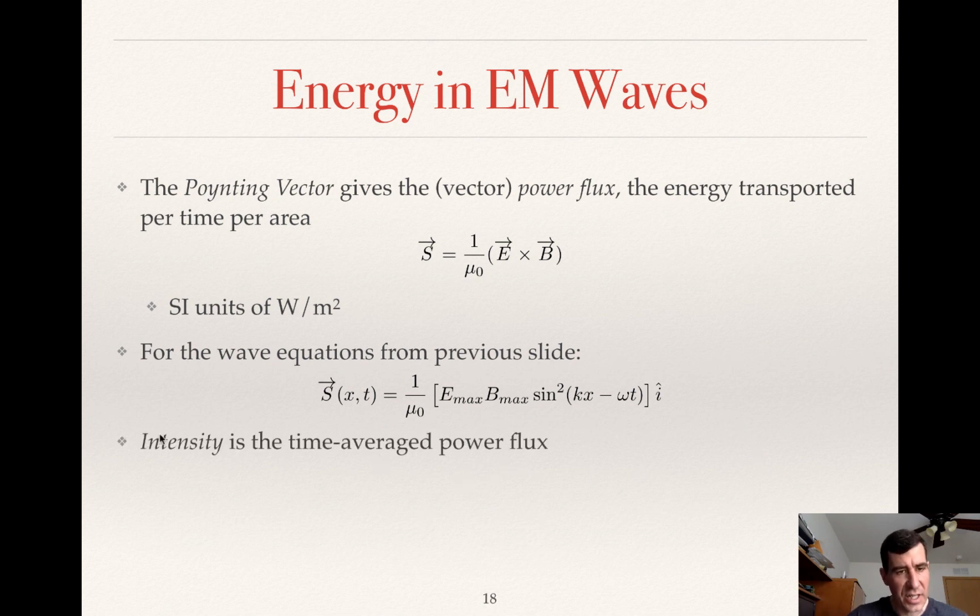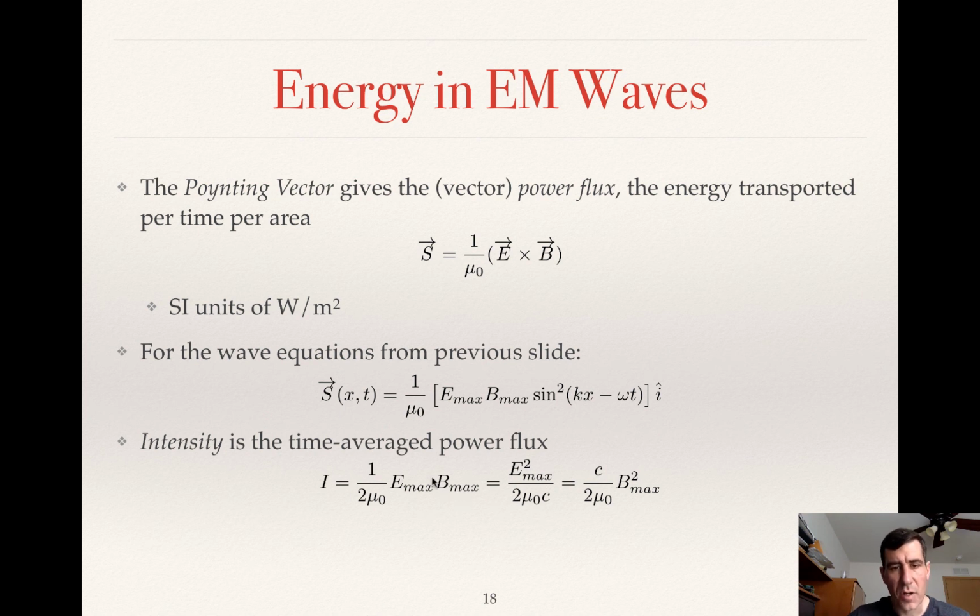Now, intensity you can also define. Since the Poynting vector is changing with time, you can average that out over time and define something called intensity. And the intensity, well, since we have a sine squared term in here, the average of sine squared is a half, so that's where this 2 comes from. So the intensity is 1 over 2 mu naught E max times B max.